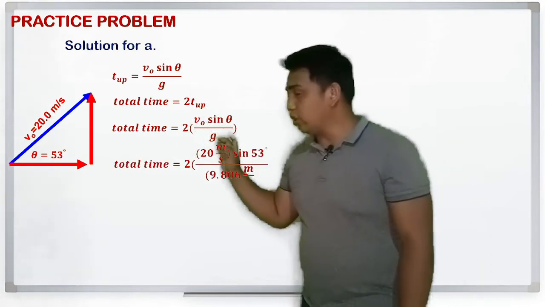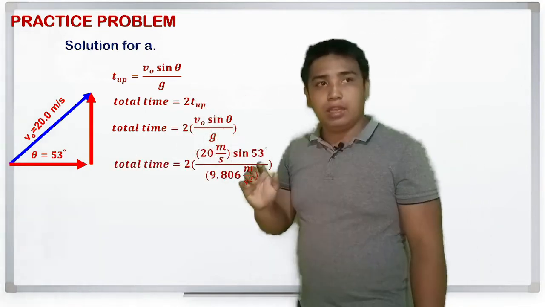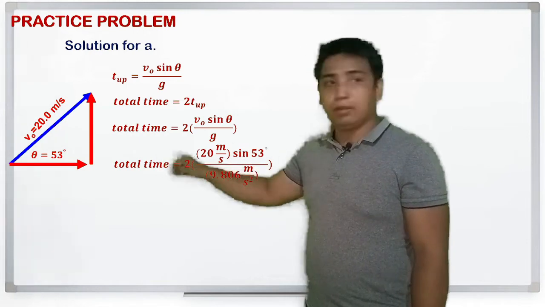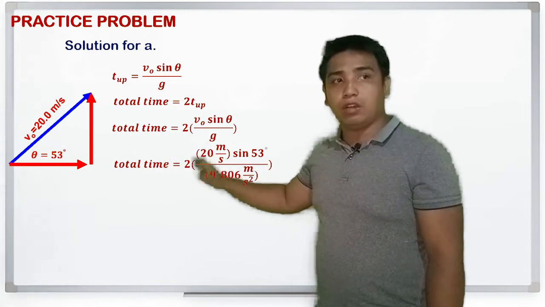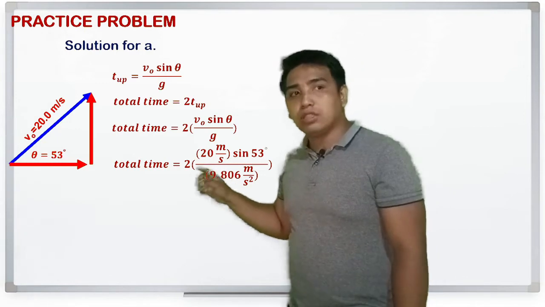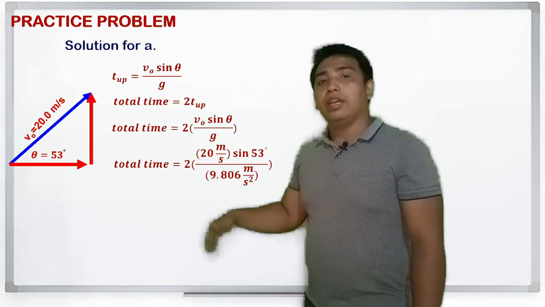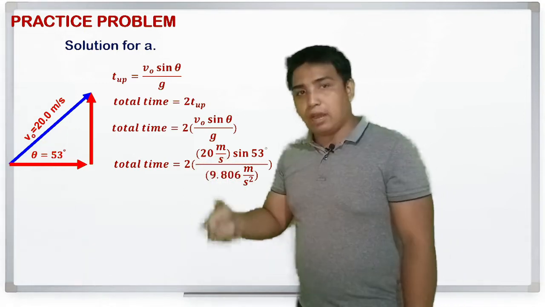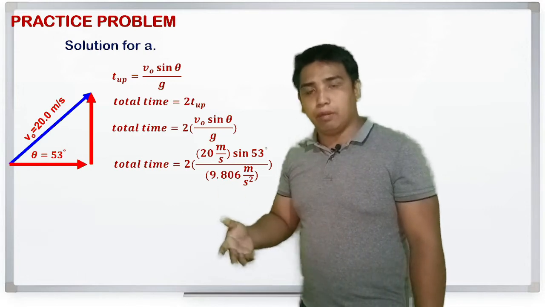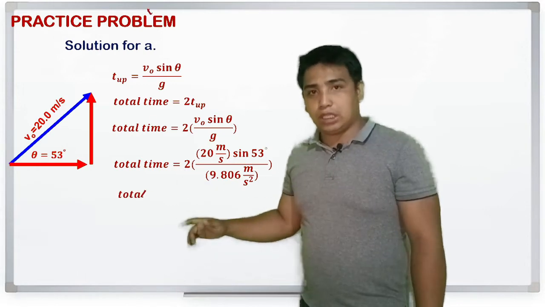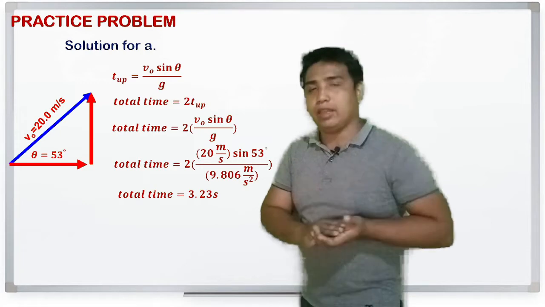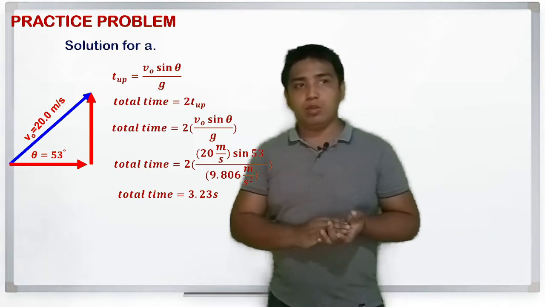So if you solve that, you have 2 times 20 meters per second times sine 53 all over 9.806 meters per second squared, and the total time of travel of this particular ball is 3.23 seconds. That's great, right? So now we have the total time of travel.